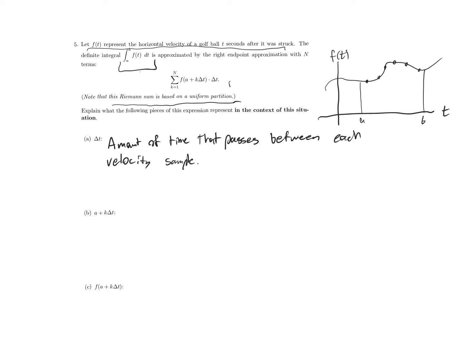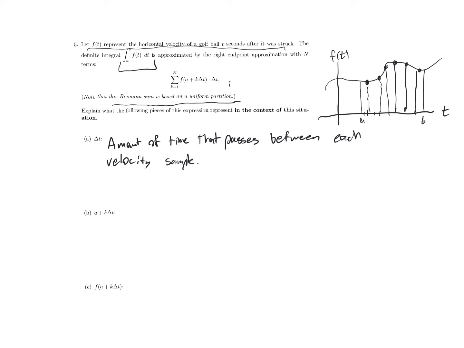But let's say I only have a few points to know at, right? So I have to take a sample as I'm watching the ball. And between each sample, there's some amount of time. And that's actually going to be the width of these rectangles that we're using in the sum. The width of those rectangles is the time between the samples.